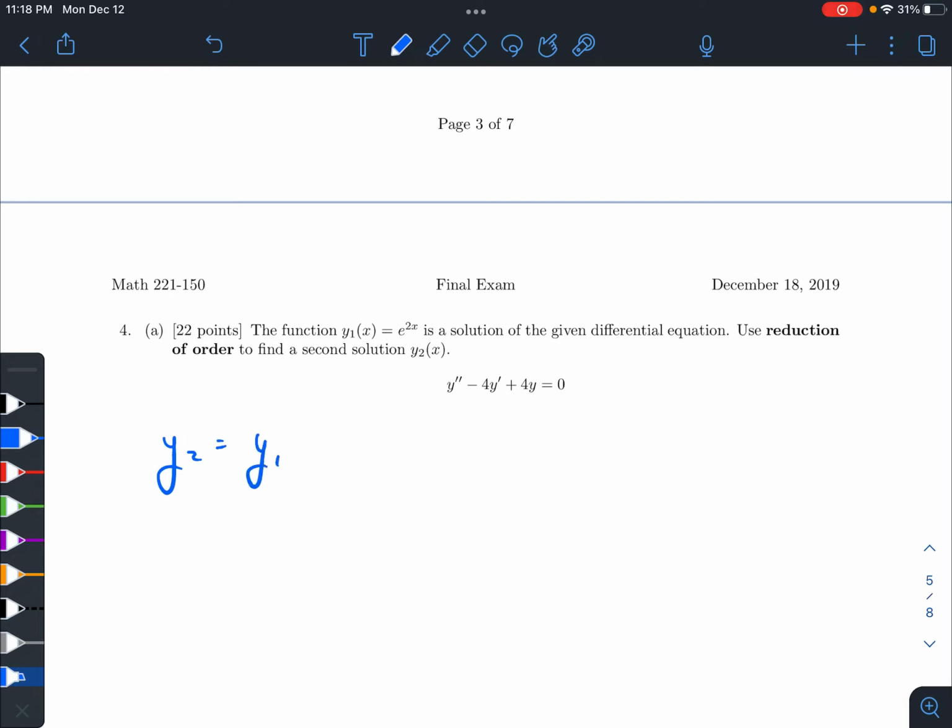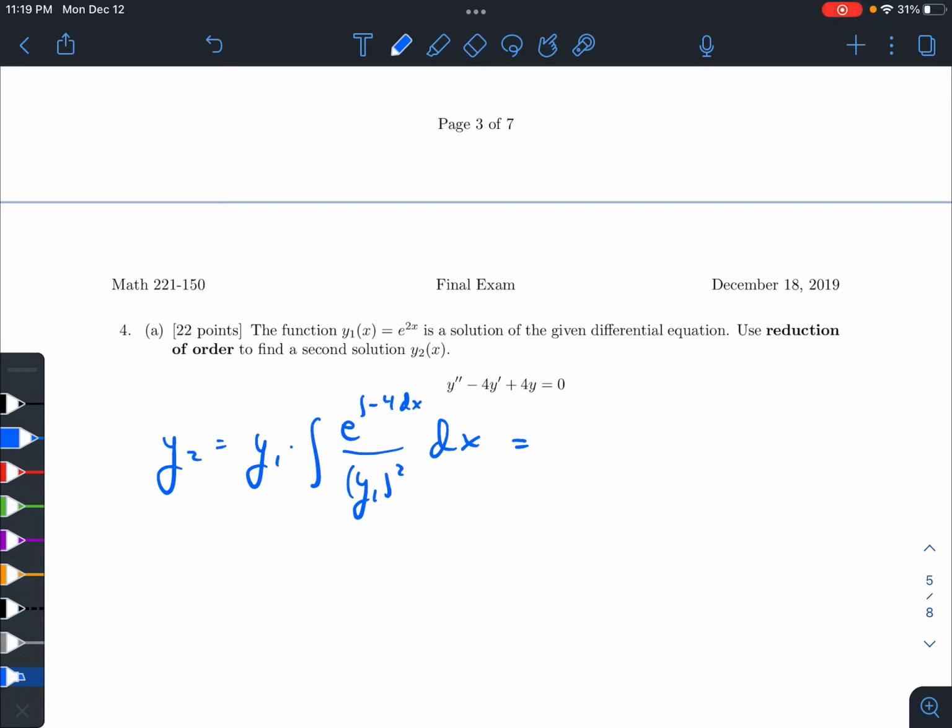Okay, it's y1 times the integral of e to the integral of -4 dx all over y1 squared dx. Okay, this is what I think it is.